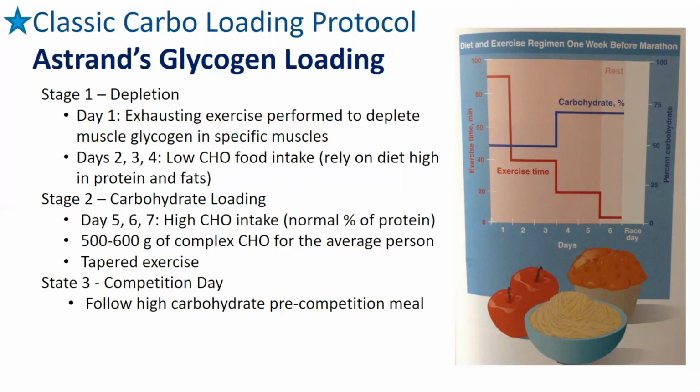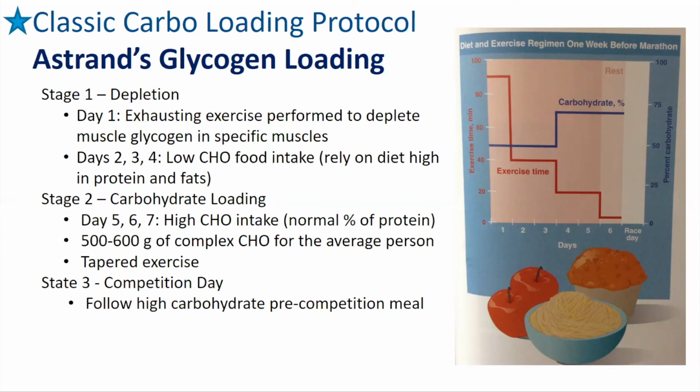Then on days 2 to 4, you will ingest a low carbohydrate diet. And then in stage 2, days 5, 6, and 7, you will slowly increase the amount of carbohydrates in your diet. At the same time, you're going to taper off your exercise, because it doesn't make sense to replenish your carbohydrates and then carry out the same exercise intensity and deplete the carbohydrates you've just repleted your muscle with.